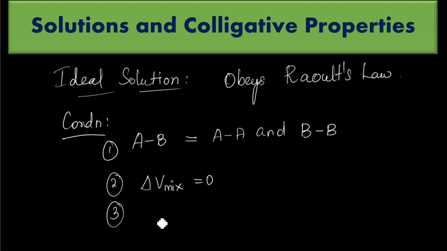And the third condition is enthalpy change upon mixing. So enthalpy change should also be 0. No heat is absorbed or released. And the fourth condition is entropy change, delta S mix, should be greater than 0.